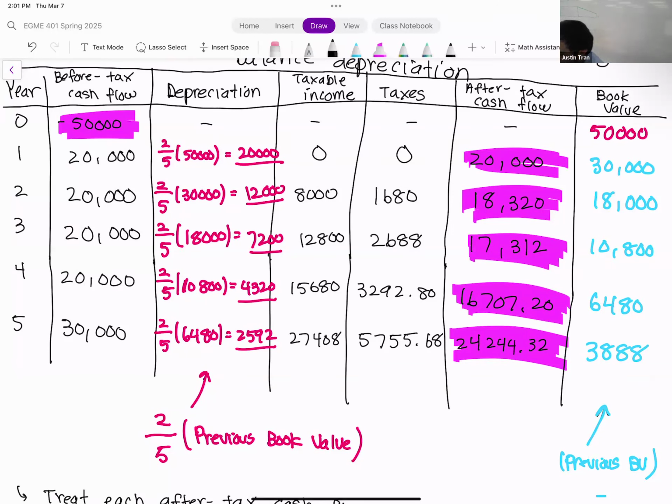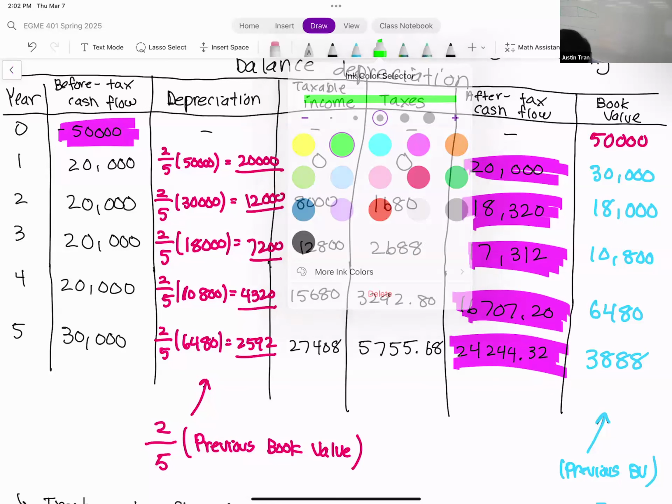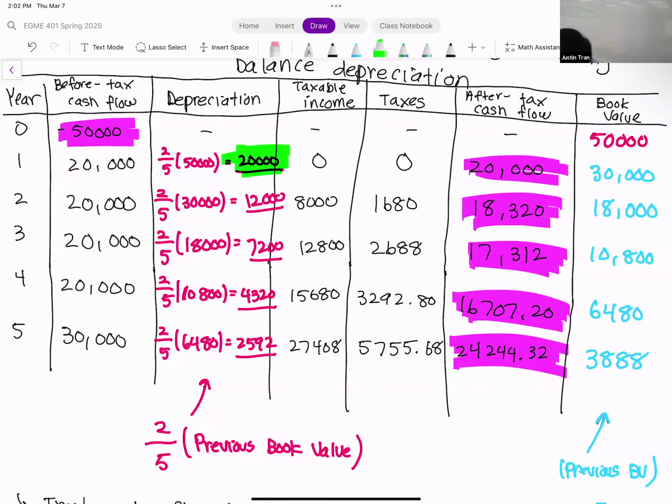one thing that should jump out at you is that with the declining balance method, a lot more of our depreciation is front loaded. What I mean by that is if you look at the depreciation values in years 1 and 2, let me highlight it here in green. If you compare that to the straight line value, in straight line we were depreciating a flat $8,000 per year.